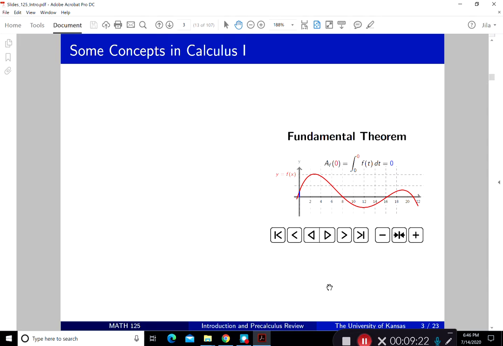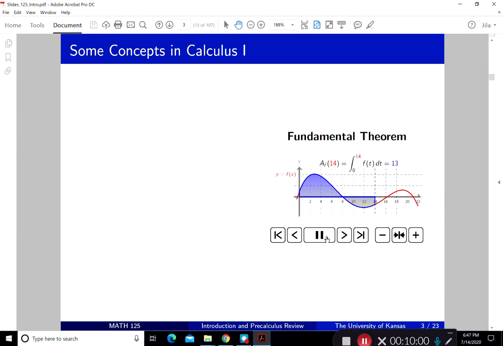What we learned in chapter 3 was a concept called the derivative. Now in chapter 5, we learn something called the integral. The accumulation function that we learn there is related to this integral. So the fundamental theorem of calculus gives you a function that is basically the anti of what we did in chapter 3.